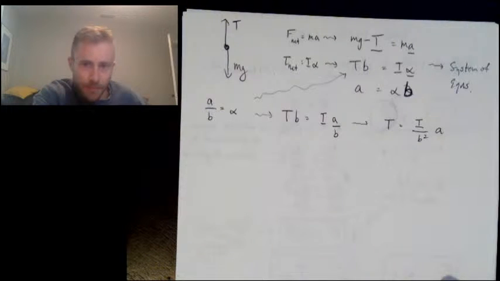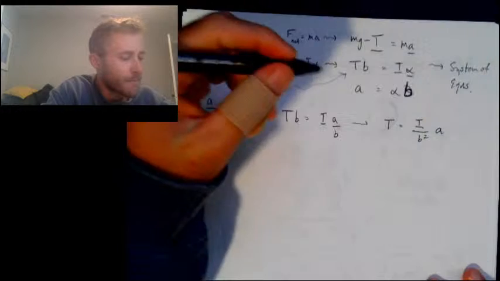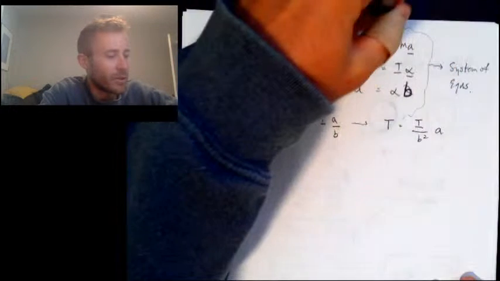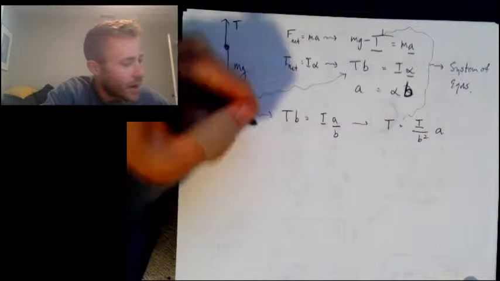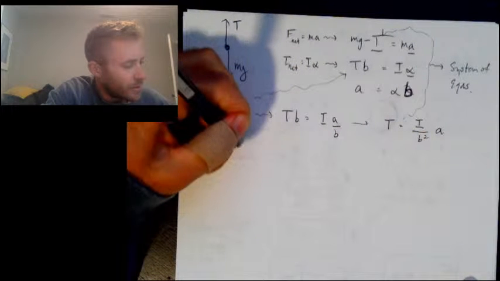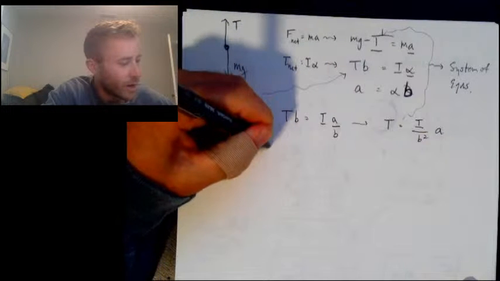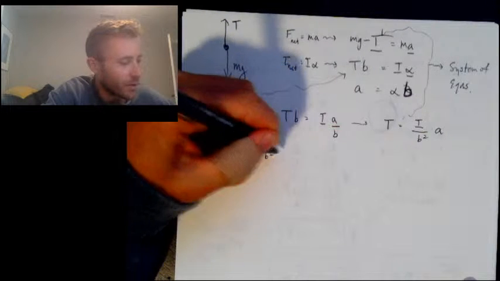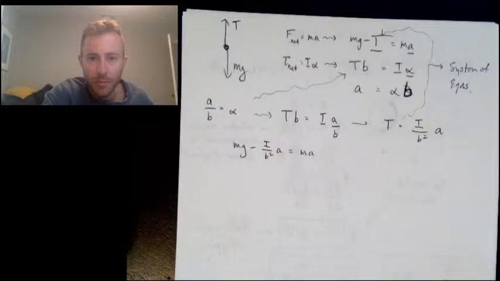All right. So now I'm going to plug this in for the tension in the first equation. So I have mg minus the tension, which I now know is equal to I over b squared times linear acceleration, equals mass times linear acceleration.